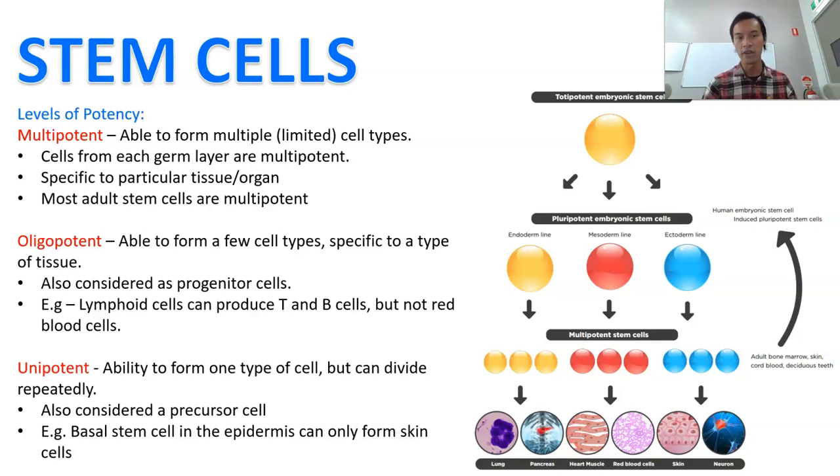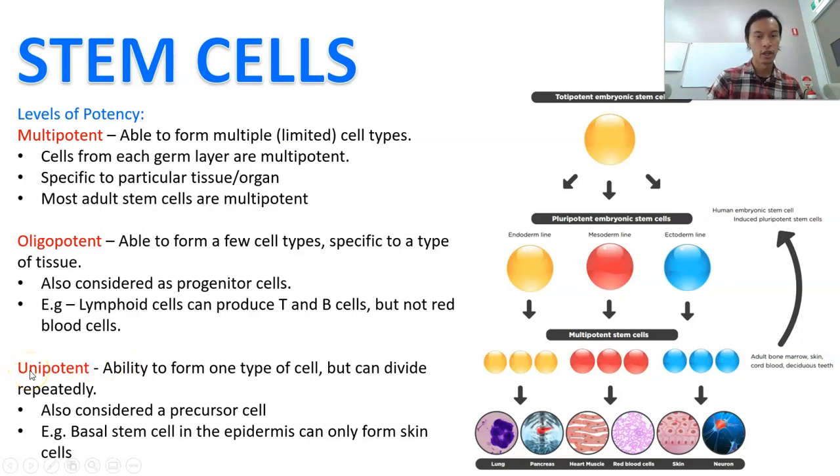From multipotent, you have oligopotent, which can only form a few blood types. They are also considered progenitor cells, and a good example is the lymphoid cells, which can become either T cells or B cells, both of which are immune cells, but they are different. These lymphoid cells can become either one, but they can't become red blood cells, because red blood cells are from a slightly higher branch, right?